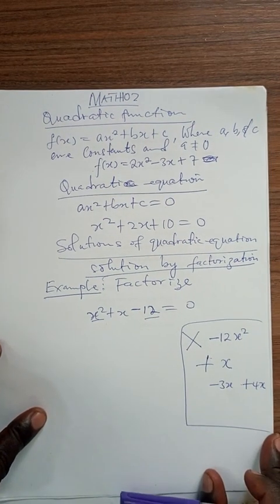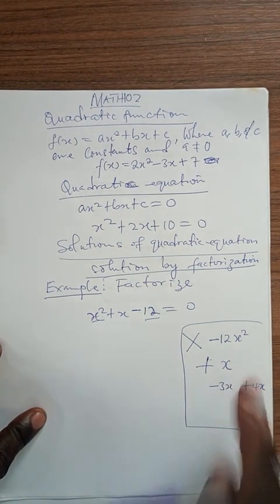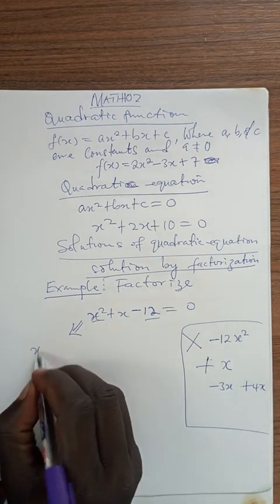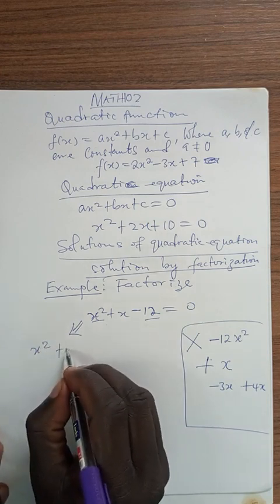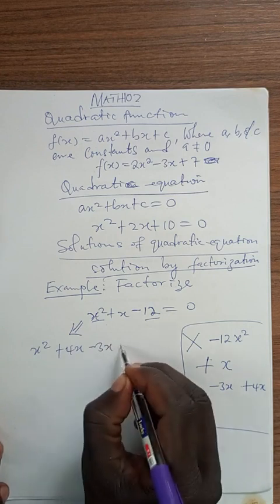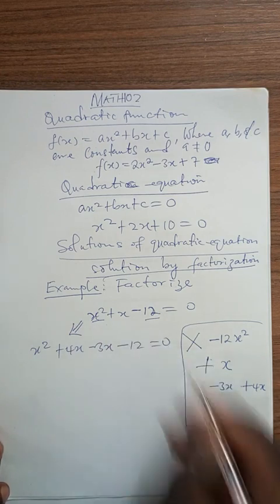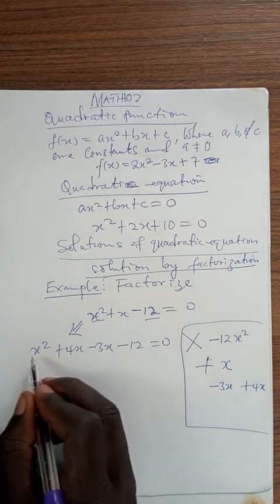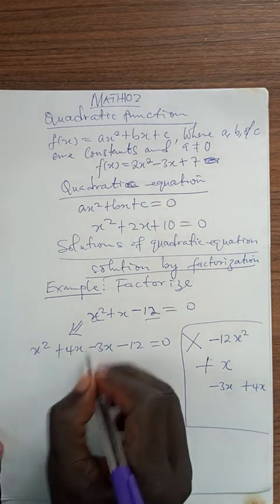So you replace the middle term with these two terms. Here, the equation above becomes x squared plus 4x minus 3x minus 12 equal to 0. Now you have four terms.